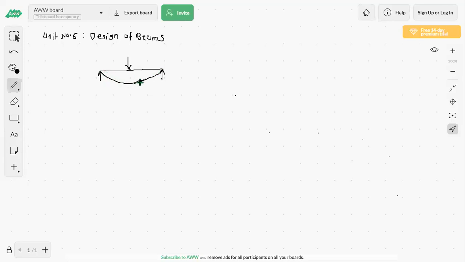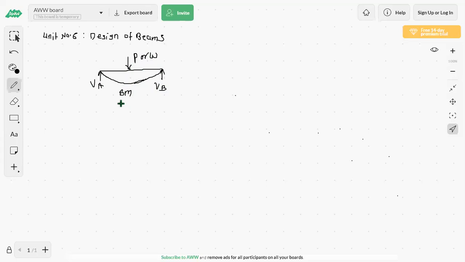This is the load P, or we call it W. Due to this transverse loading, this beam is bent like this. This is the shape of bending. So due to this bending, what happened? The shear forces Va and Vb and the bending moment BM are generated.